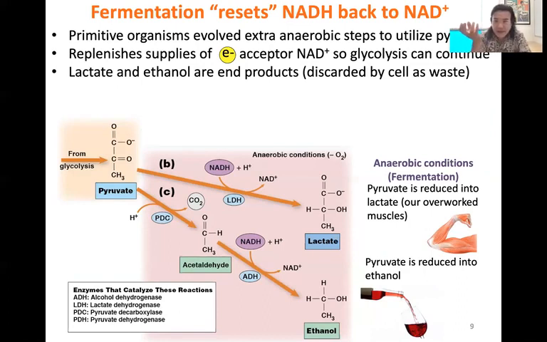So if you fill up these baskets, then you can't use them anymore. Right? So early life evolved a way to add on some additional steps after glycolysis, after the formation of pyruvate as the waste product of glycolysis, to at least use pyruvate as a mechanism to help empty those baskets so that those baskets can then be used again. And that is the process of fermentation.